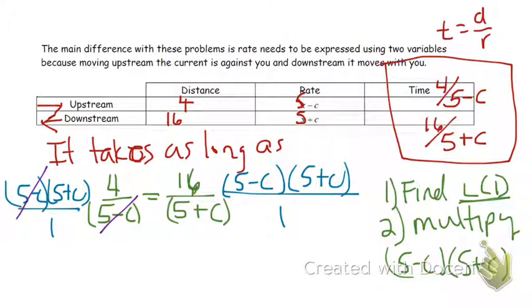It's going to be 20 plus 4C. The denominator cancels, so we're not going to have anything underneath it. Okay, on the right hand side, what cancels out? Okay, that's going to leave you with the 16 times the 5 minus C. That's going to give you a what?